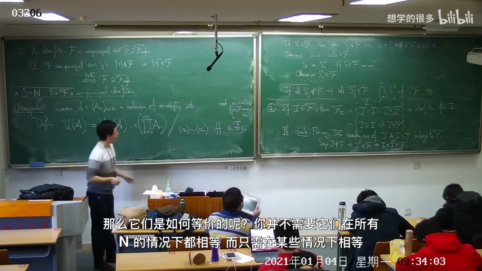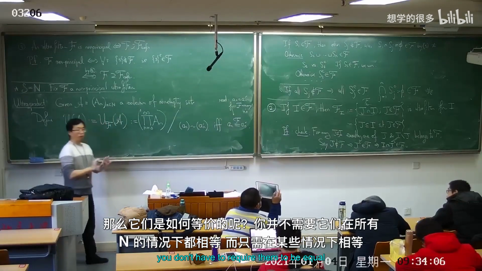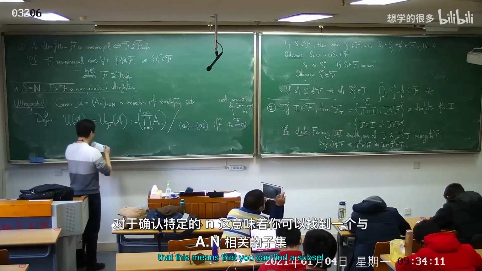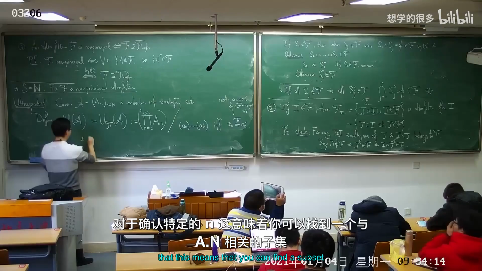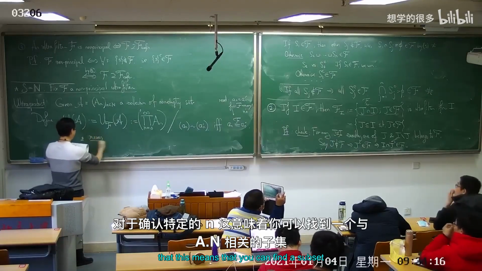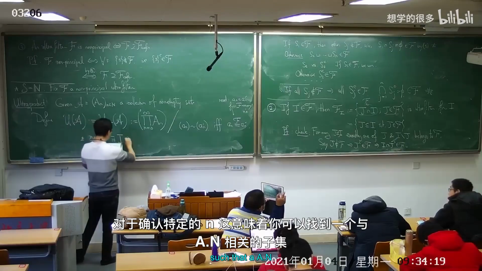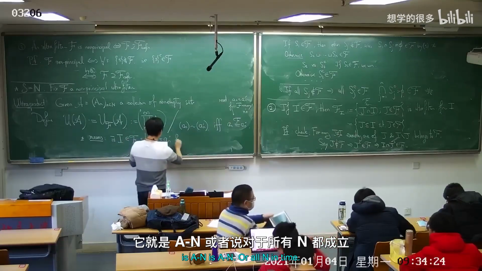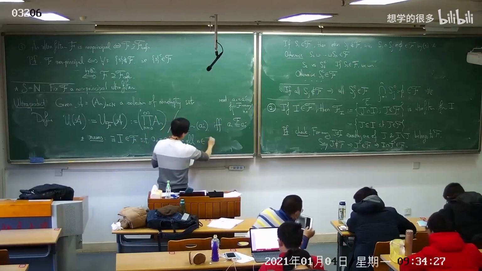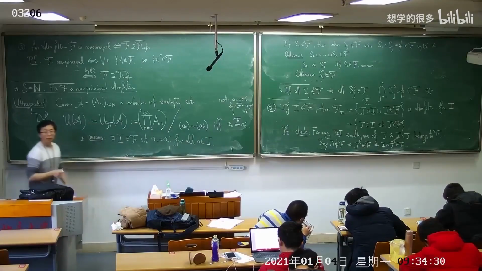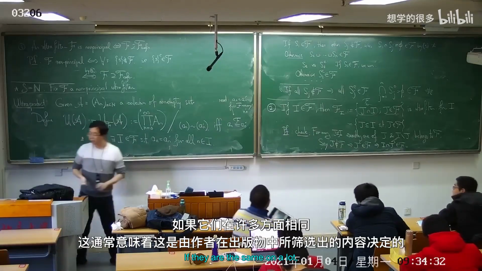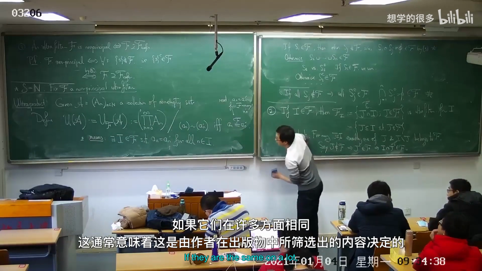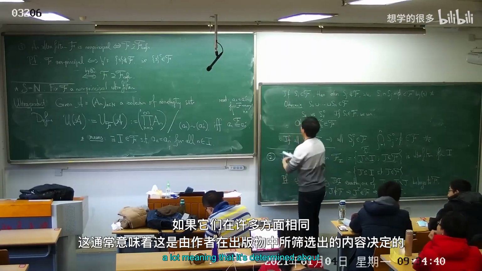Somehow they're equivalent. You don't have to require them to be equal for all n, but only equal for F-many n's, in the sense that you can find a subset I in F such that A_n is A_n prime for all n in I. Two sequences are considered the same if they are the same on a lot of terms.